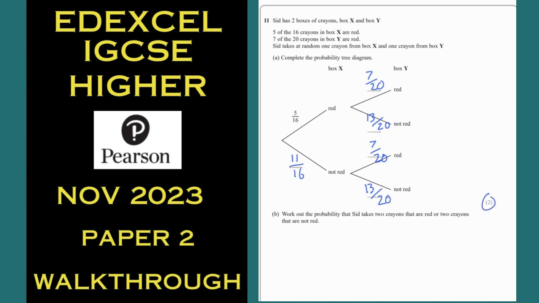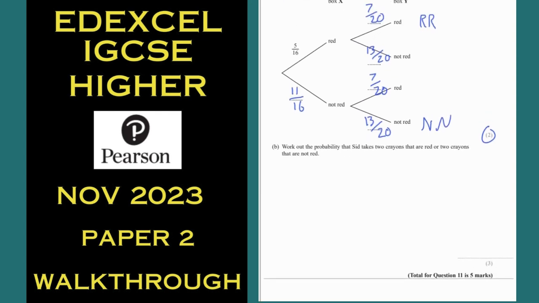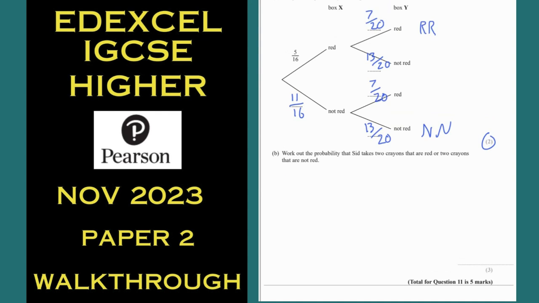Nice couple of marks. Work out the probability that Sid takes 2 crayons that are both red or both not red. So red is the top, not red is the bottom. Well, we've got enough. We can work it out because red is 5/16 times 7/20, and for not red, the bottom, we're adding 11/16 times 13/20.